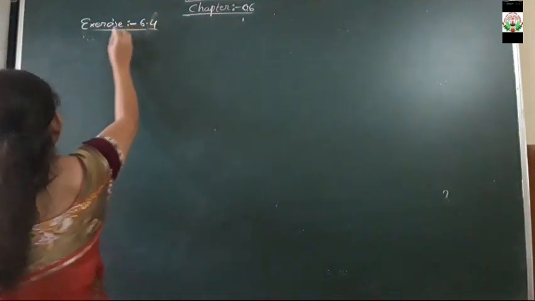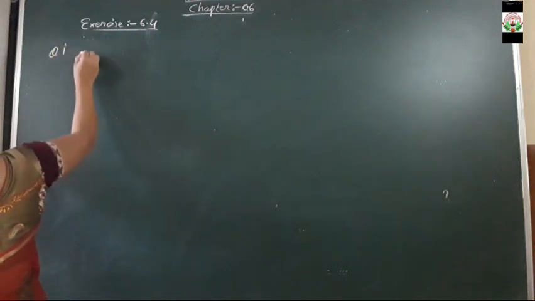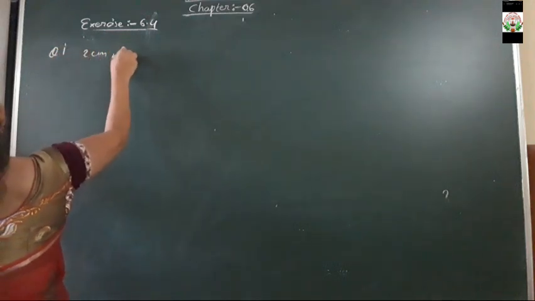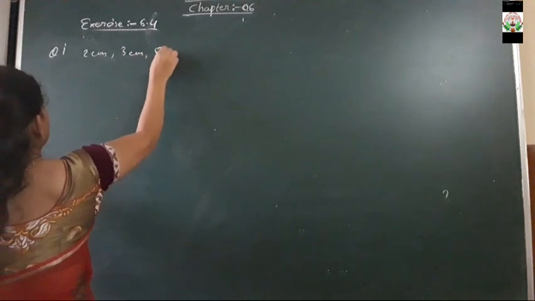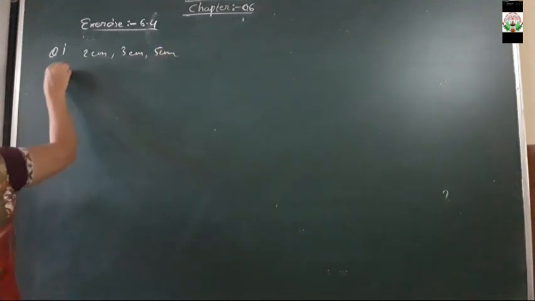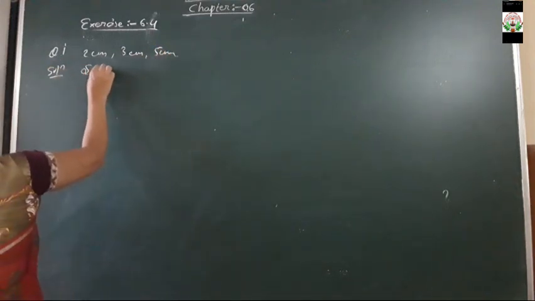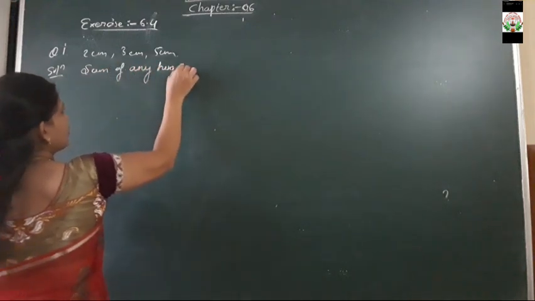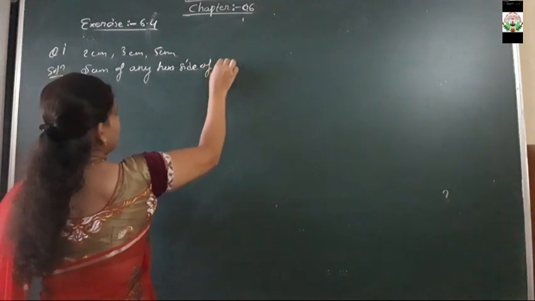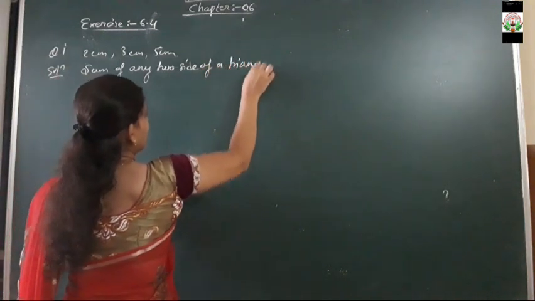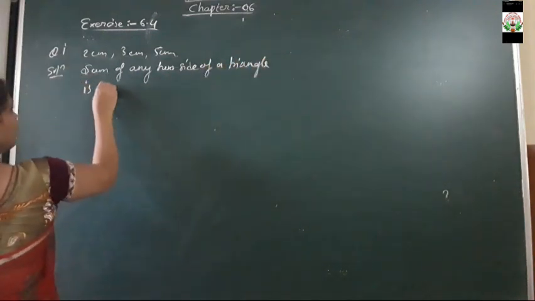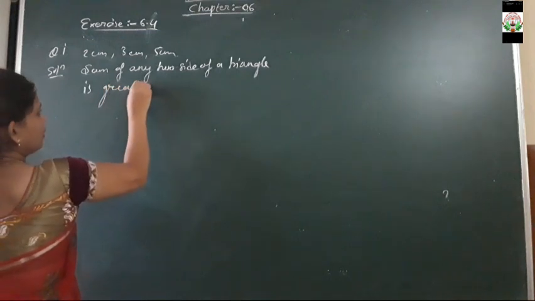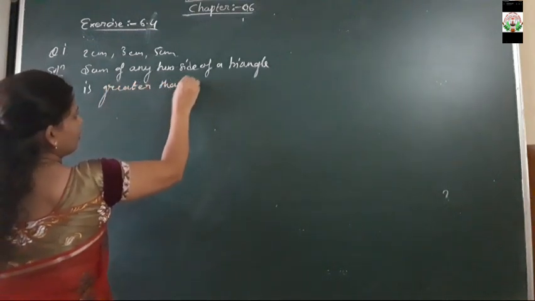So for finding whether a triangle is possible or not for 2 cm, 3 cm and 5 cm, the property we are going to use is that the sum of any two sides of a triangle is greater than the third side.